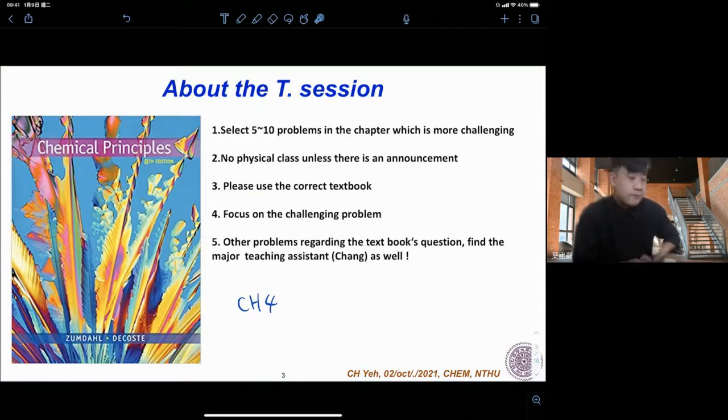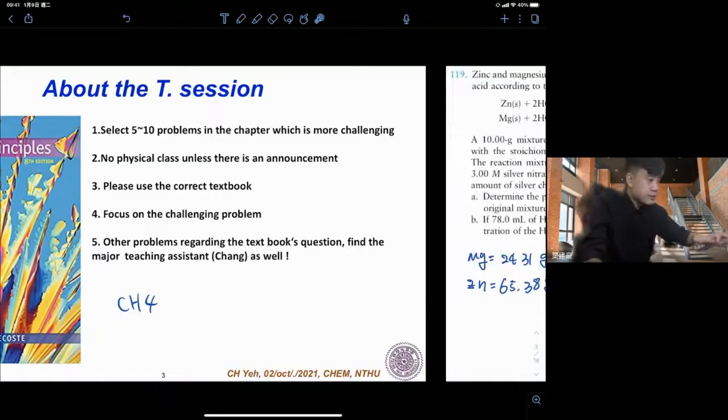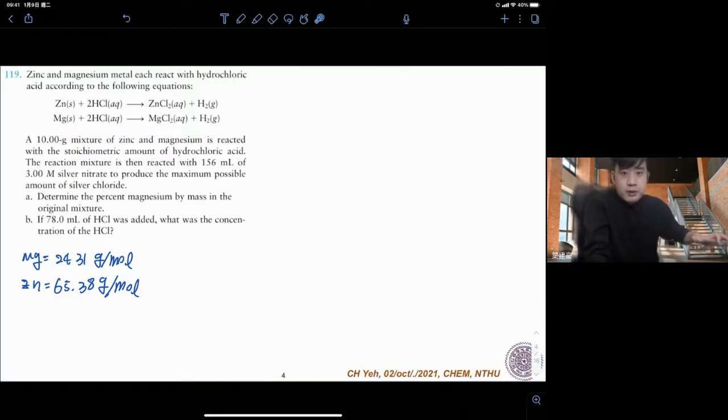But please, this course has a major teaching assistant. 那这门课是有一个主要的助教, his name is Chen, 那他姓张，那我忘记他全名叫什么了。And I think he has offered a TA office hour, and you can use it as well. Okay, so later on, let us begin our tutorial session today.